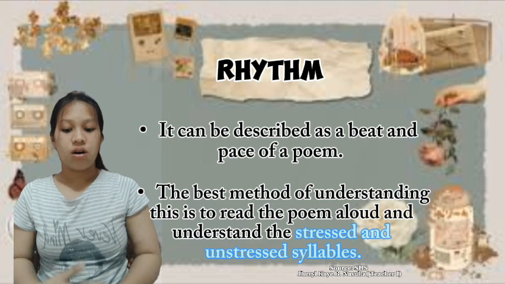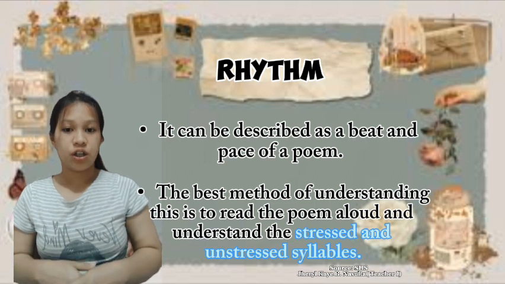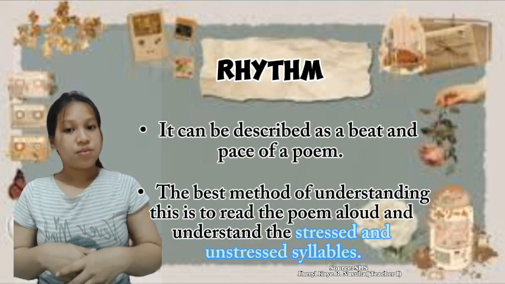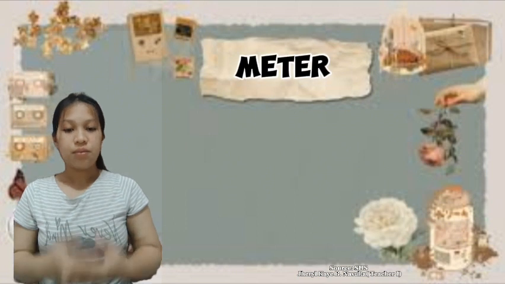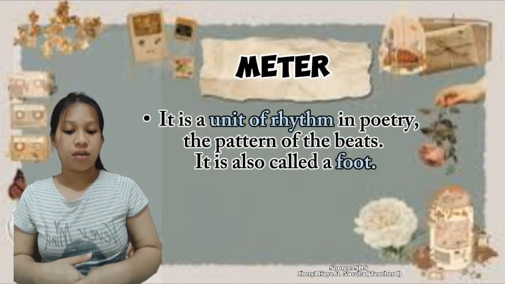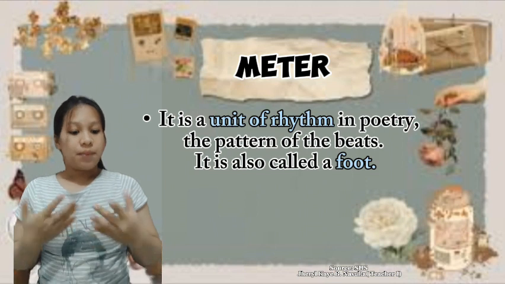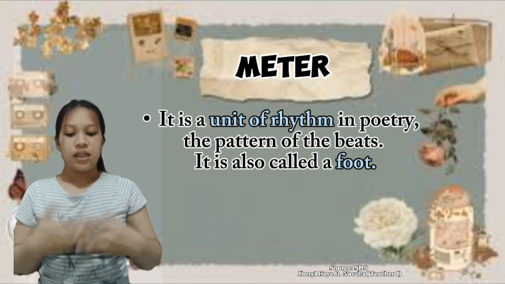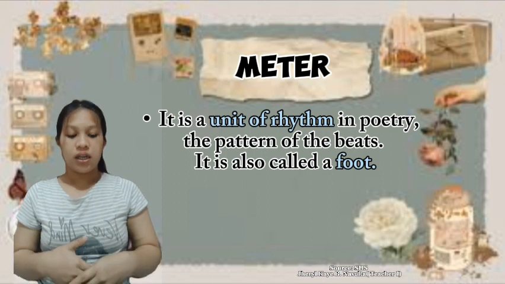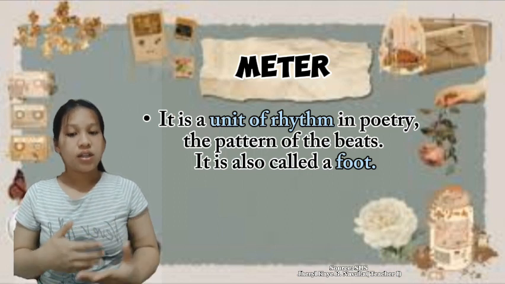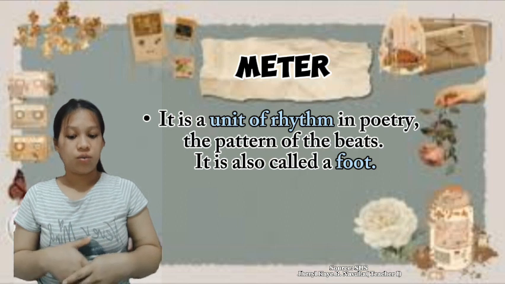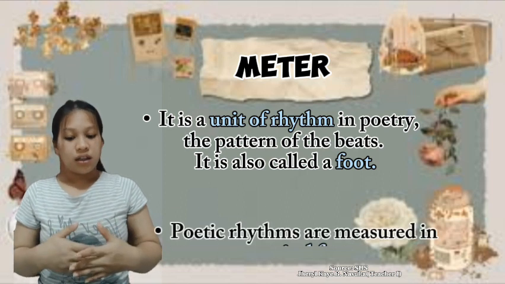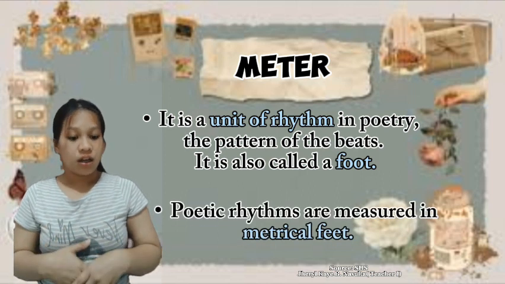Rhythm is often partnered with meter. So, what is meter? Meter is a unit of rhythm in poetry, the pattern of the beats. It is also called a foot. The meter in a line of poetry is identified through the stressed and unstressed pattern of words. Poetic rhythms are measured in metric feet.